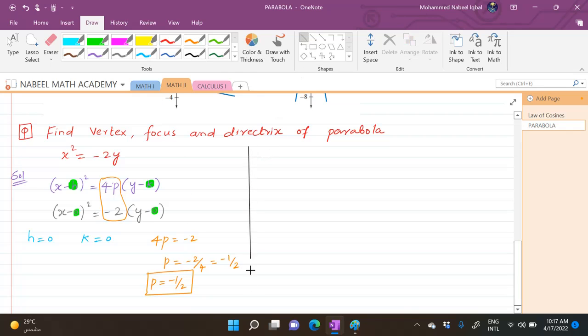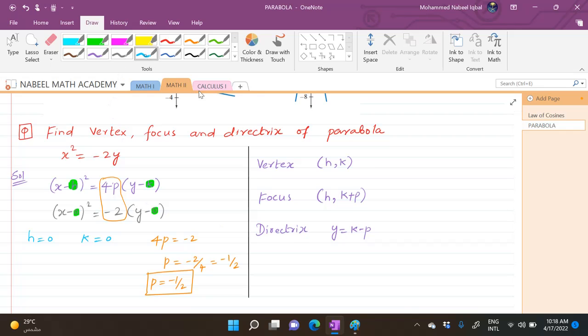What is the vertex here? The vertex is given by h comma k, and the focus. There is a change in y, so I have to write it: the h will be the same, k plus p, and the directrix is y equals k minus p.